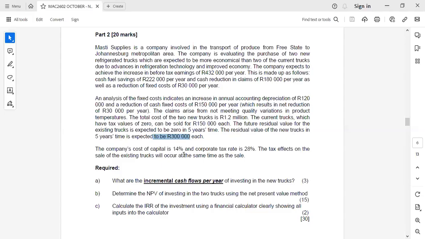Then the company's cost of capital is 14% and corporate tax is 28%. The tax effects on the sale of the existing trucks will occur at the same time as the sale. Then we would calculate our income tax expense.